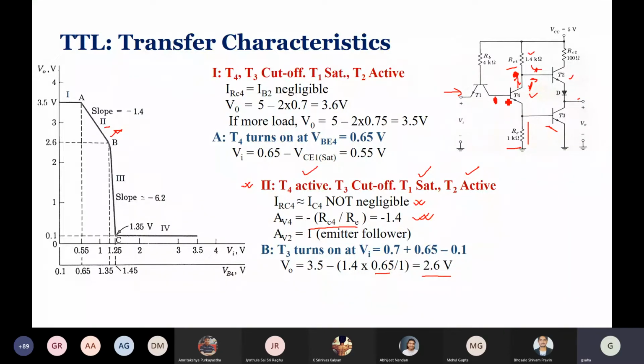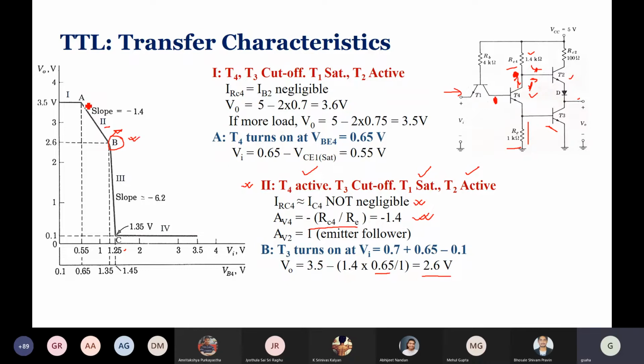Earlier it was just onset 0.65, so we can consider somewhat 0.7 volt or so. So 0.7 volt plus 0.65 minus 0.1 here, that makes it 1.25 volt. 1.25 volt and 2.6 volt is the coordinate of B.